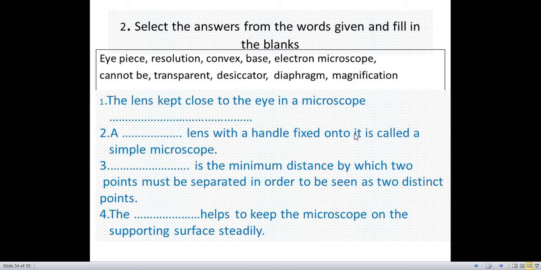A blank lens with a handle fixed onto it is called a simple microscope. 3. Blank is the maximum distance by which 2 points must be separated in order to be seen as two distinct points. Number 4, the blank helps to keep the microscope on the supporting surface steadily.